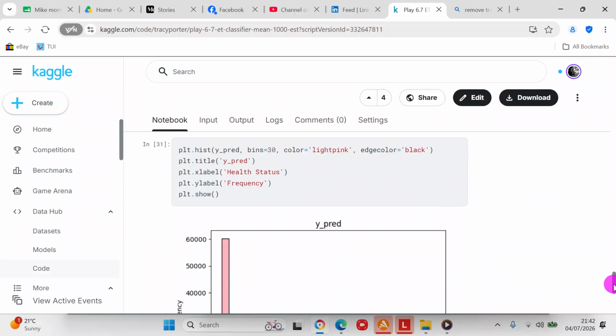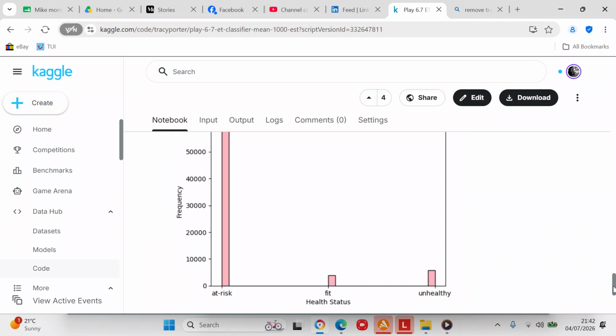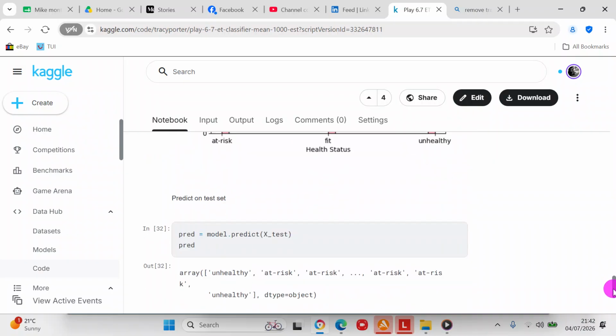Then I created a histogram of widespread, and you can see a few people are fit, a little bit more people are unhealthy, and the rest of the people are at risk.